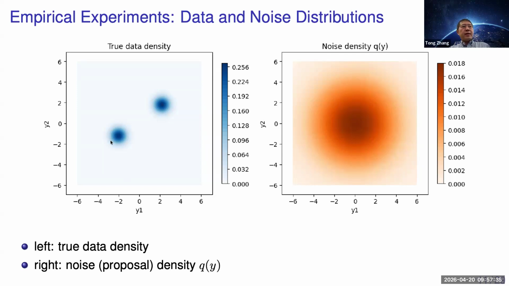Because this covers that, you have a probability to go into here and a probability to go there. If you look, this is centered right at 0, so from here it's closer to this mode. You are more likely to initialize in this region than that region.